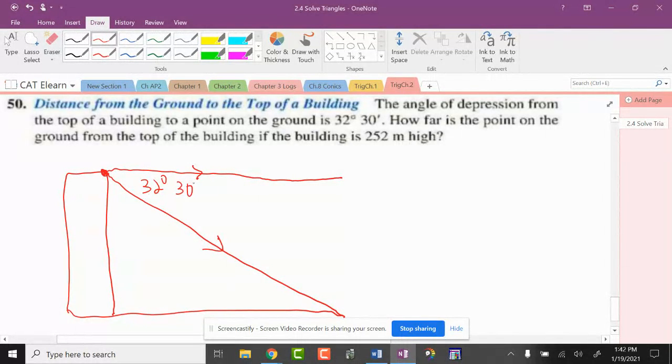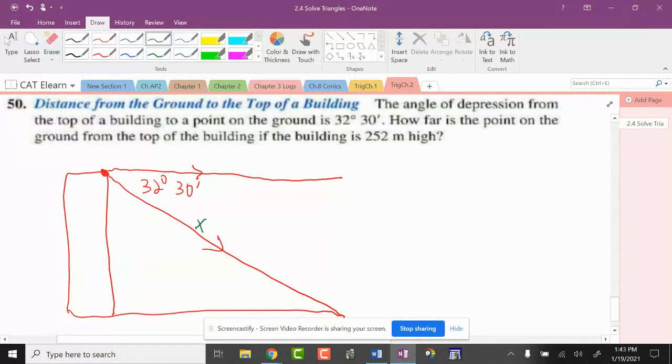This is 32 degrees, 30 minutes. And 30 minutes is nice. That's 0.5 of a degree, so 32.5 is the angle I could use there. All right, now let's read from the heavy. How far is the point on the ground from the top of the building? It doesn't say the foot of the building or the base. It says how far is it to the top of the building.